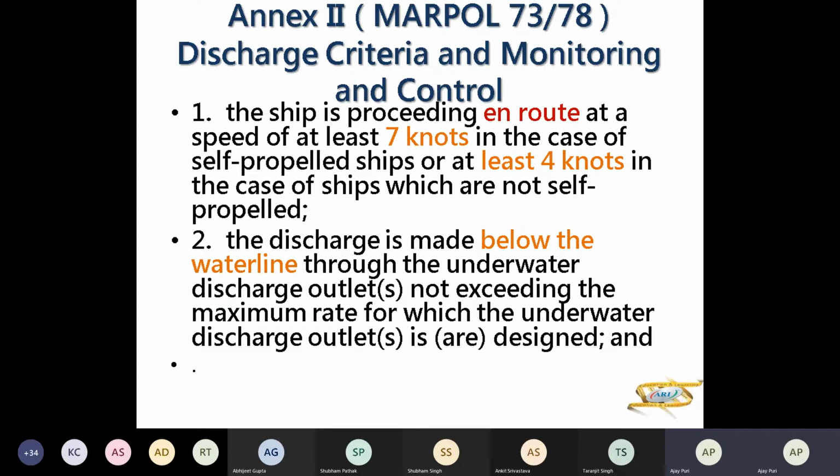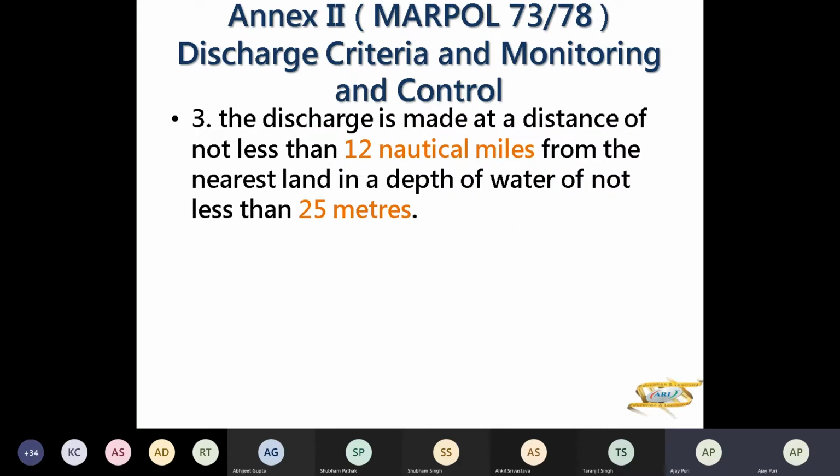Your discharge should be below your water line and should not exceed the maximum rate of the designed underwater discharge outlet. And the discharge should be at a minimum distance of not less than 12 nautical miles, and the depth of water in that area should not be less than 25 meters.